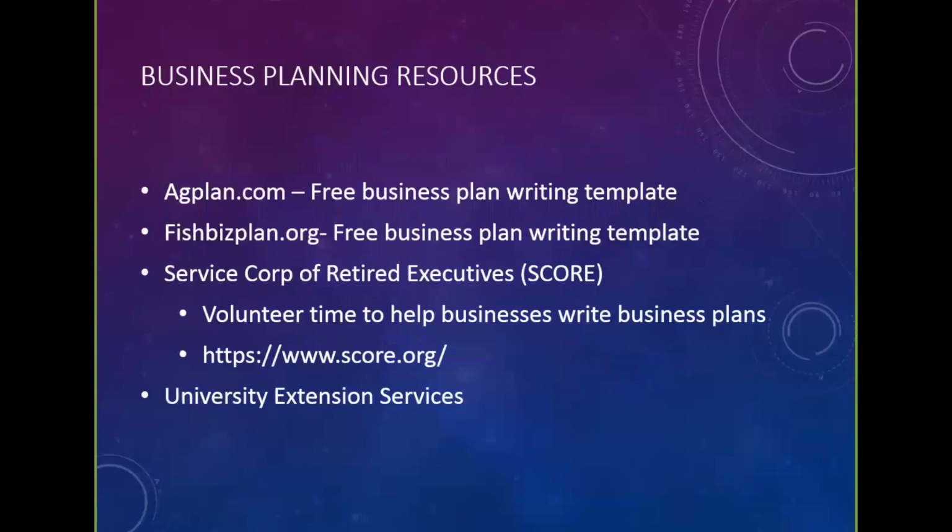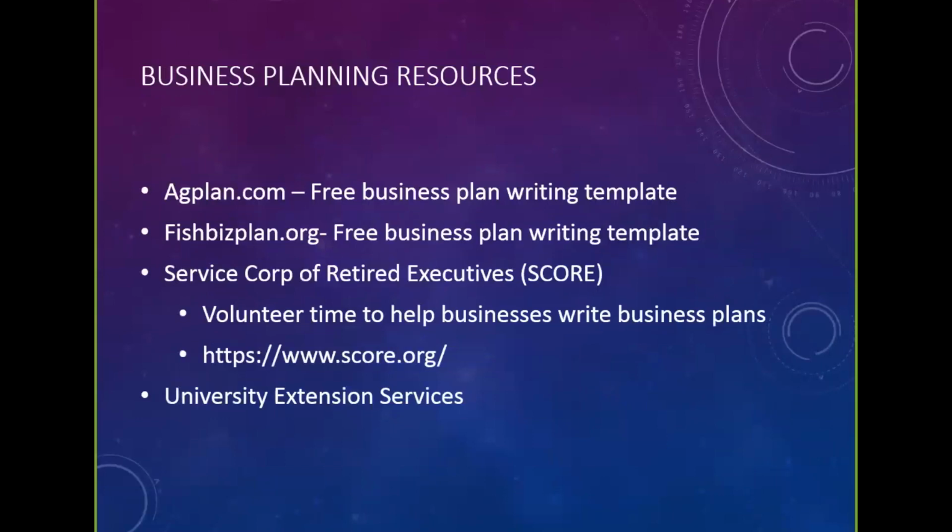So now I have a couple of business planning resources that I threw in here at the end, since I saw a lot of people were interested in writing business plans. I recommend all of these services. I have used AgPlan before. It is a free online tool where you can write a business plan, and it has all the sections spit out.